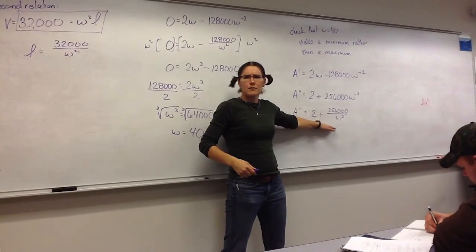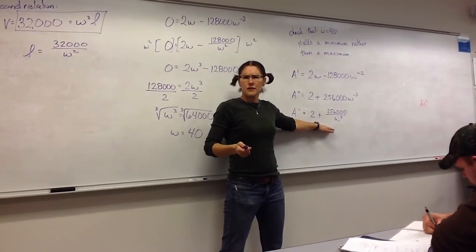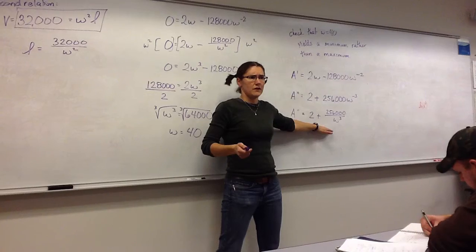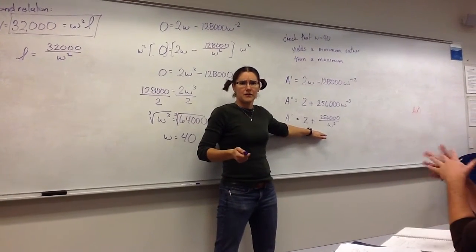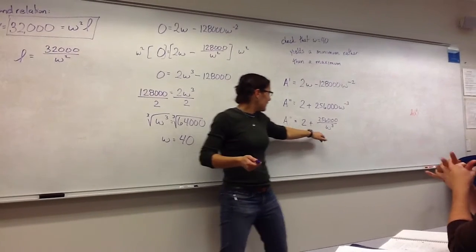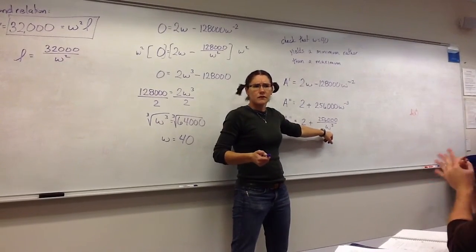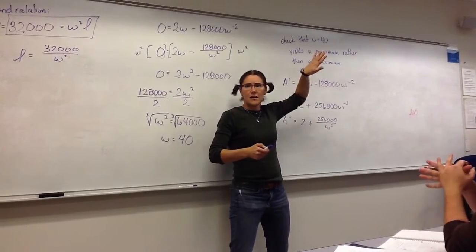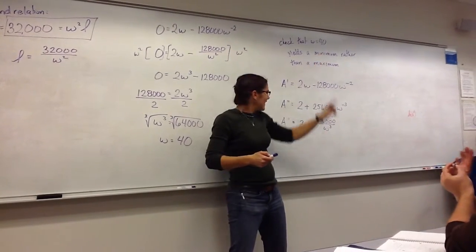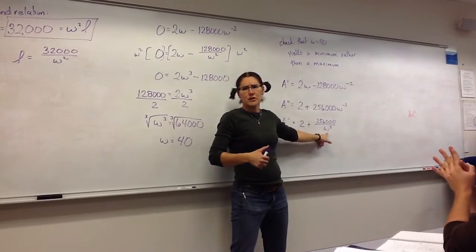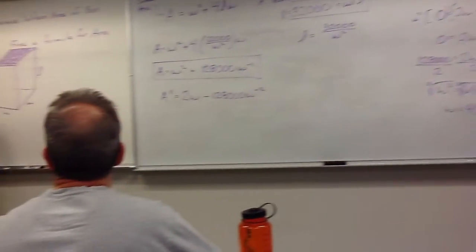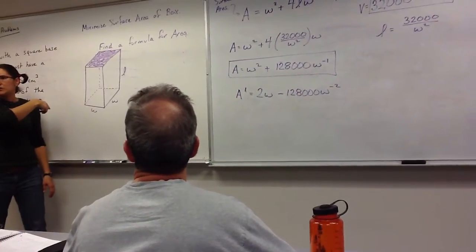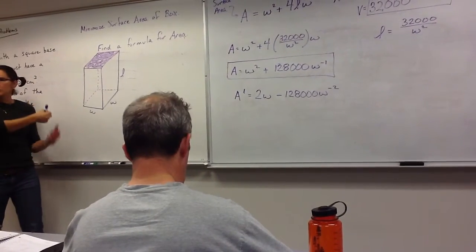And as long as A double prime, so our second derivative talks about concavity of the original function, right? And so as long as our A double prime is positive for all of our possible W values, then we have a graph that is concave up. Now, in terms of our example, we're talking about W being the length along the side down here, so that number's got to be greater than or equal to 0. Now, 0 wouldn't really make any sense.